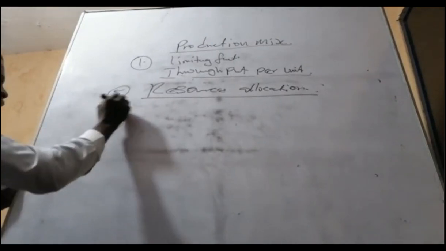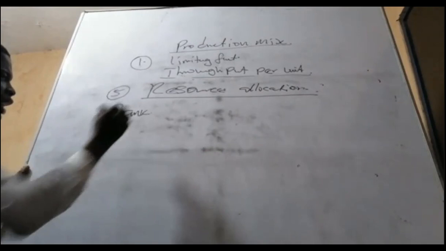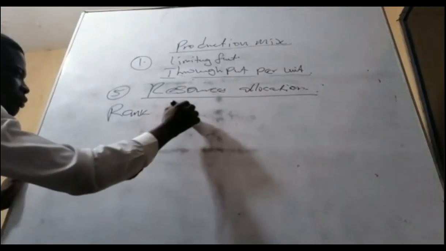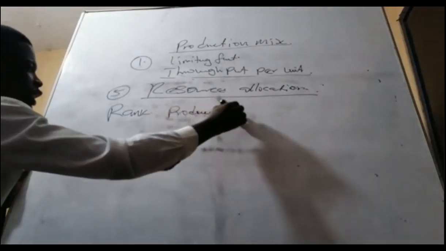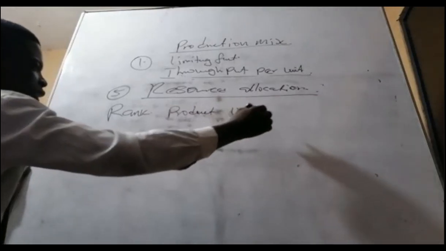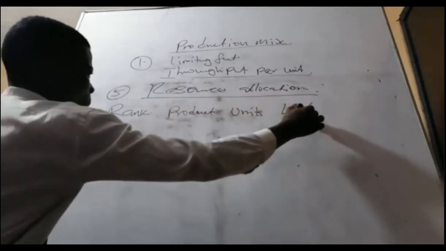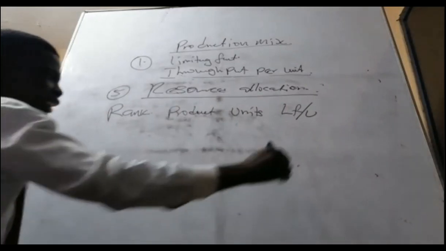So we said that we start by saying rank. What do you write again? The name of the product. The units to be produced. And what again? Limiting factor per unit. Agreed. And then what again? Total limiting factors, right? Great.